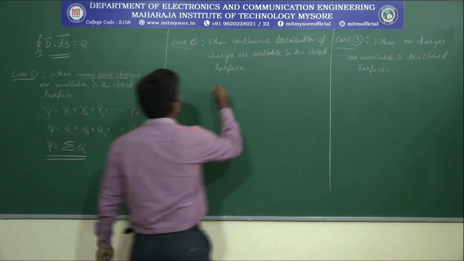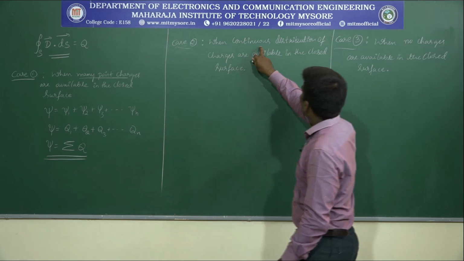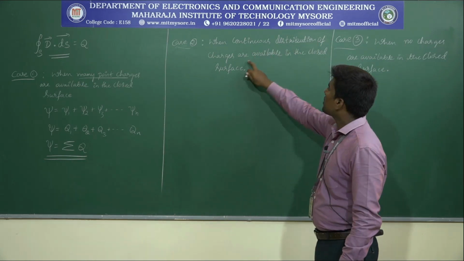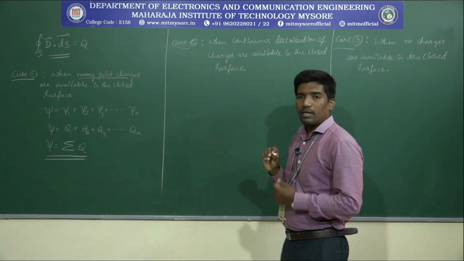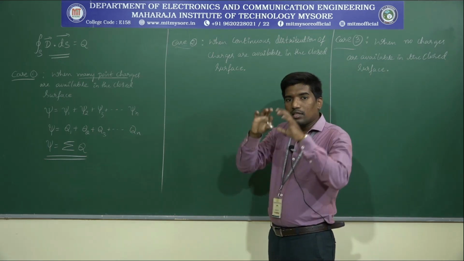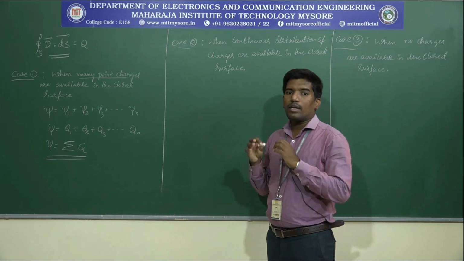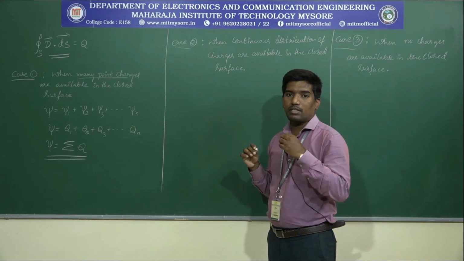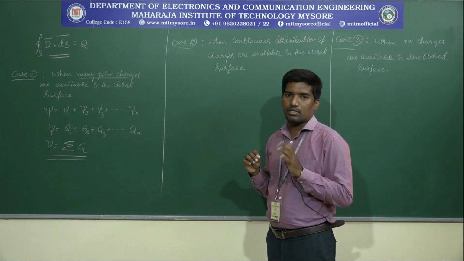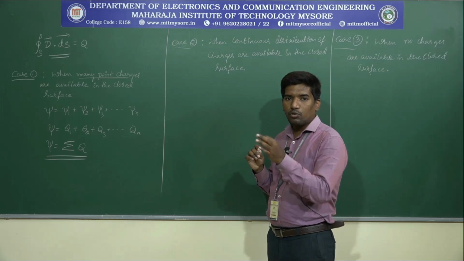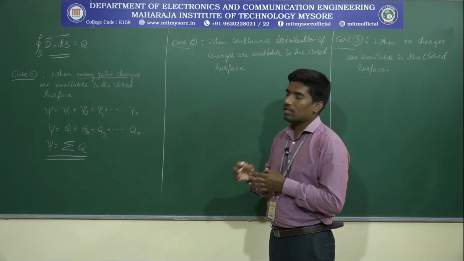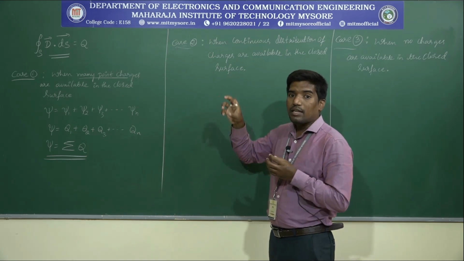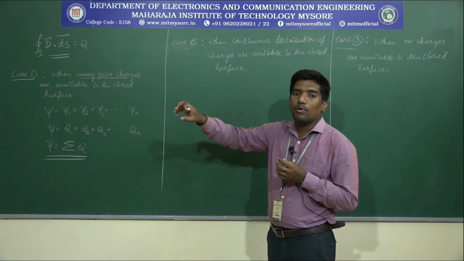Now coming to the second case, when continuous distribution of charges is available in the closed surface. We know what continuous distribution means: within a finite area, there are infinite numbers of point charges, with no space between two point charges, meaning infinite resolution. Then the density varies from one point to another.